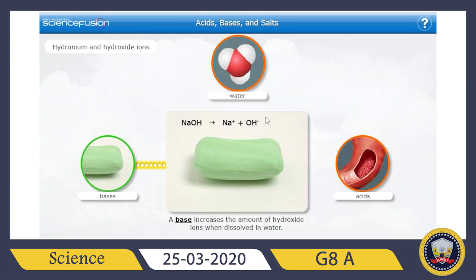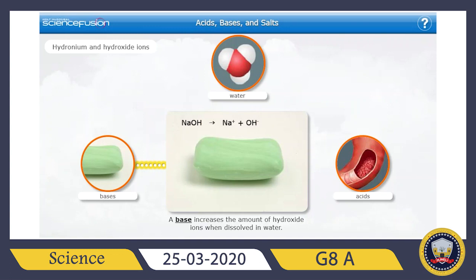And because it will produce hydroxide ions inside the water, it will increase the amount of hydroxide ions after dissolution. When sodium hydroxide is added to the water, we will see it breaking apart and forming sodium and hydroxide ions. So if we observe that the number of hydroxide ions is increasing, we can say that the substance we are observing is a base.